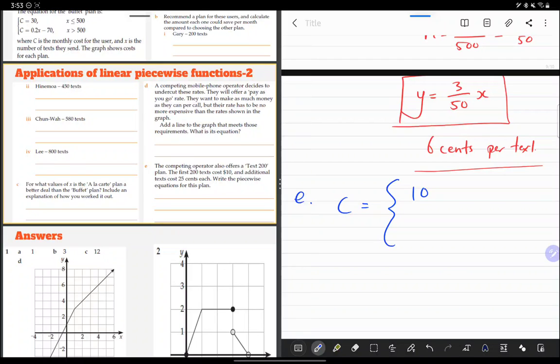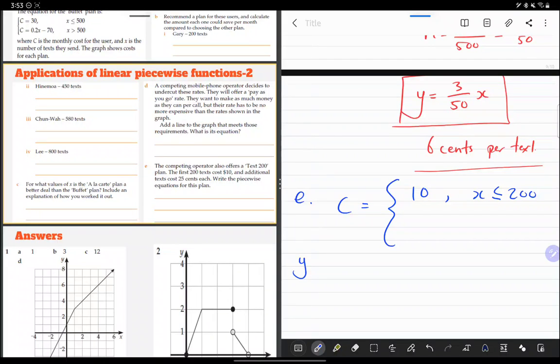We know for up to 200, it's just $10. So C simply equals 10 when x is less than or equal to 200. Now, when x is greater than 200, it costs 25 cents each.